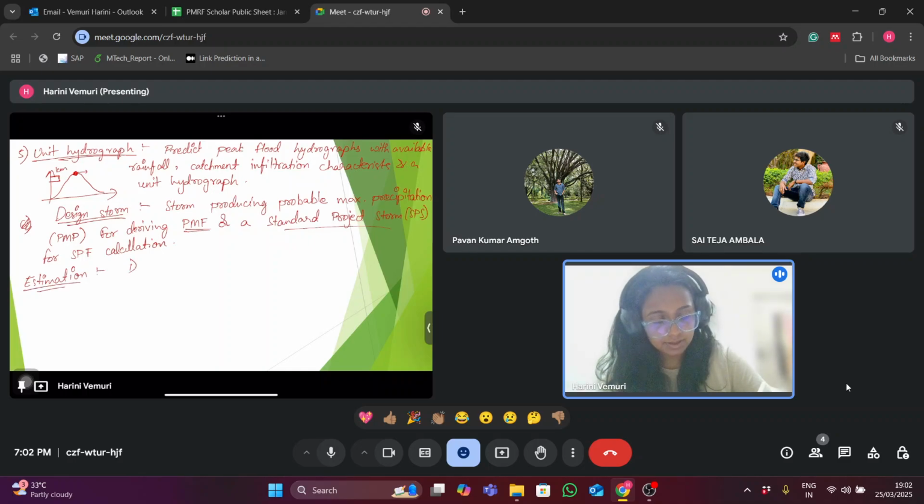So the first step is storm selection. We'll do it using historical data. So we'll put some threshold based on the historical data, and we'll get the rainfall values that are greater than this threshold rainfall. Okay.